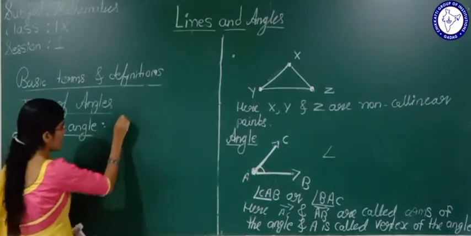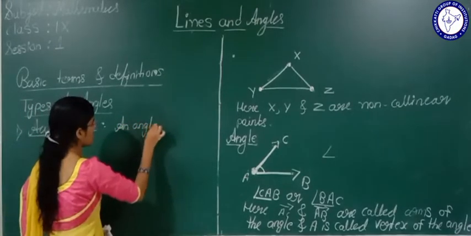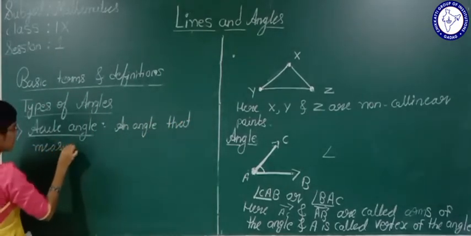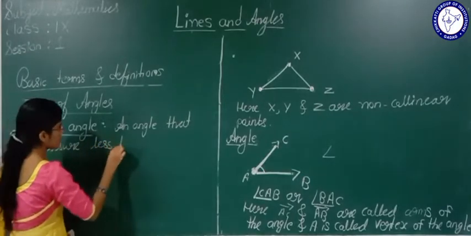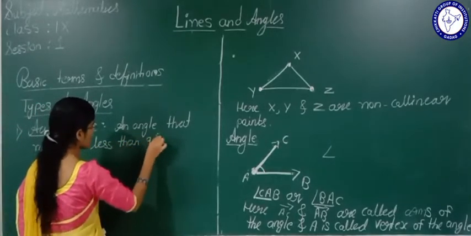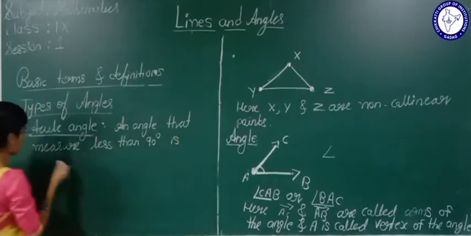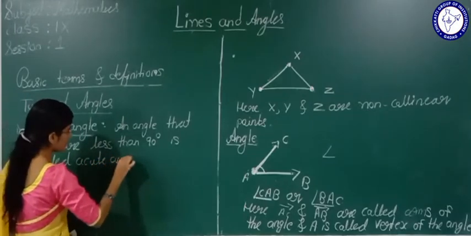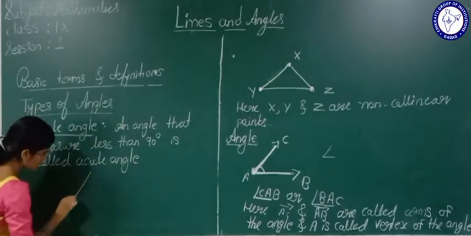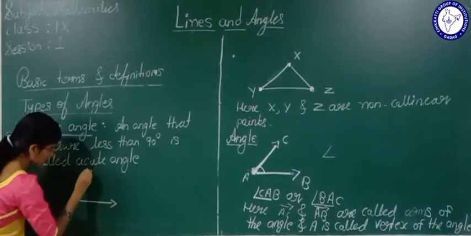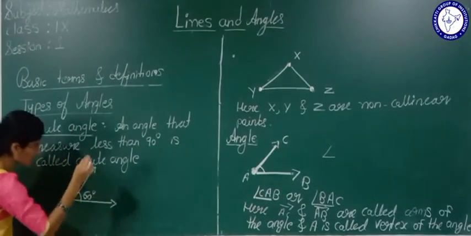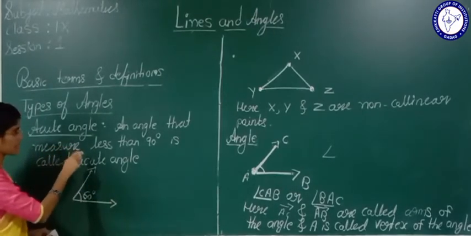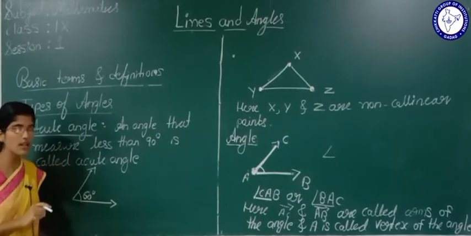Yes or no? Suppose I take 60 degree. Is 60 degree less than 90 degree? Yes, 30 degree, 40 degree. What we can tell? An angle that measures less than 90 degree is called acute angle.